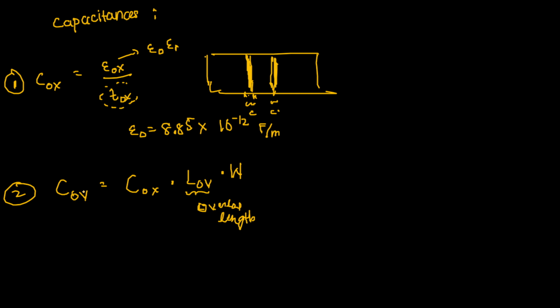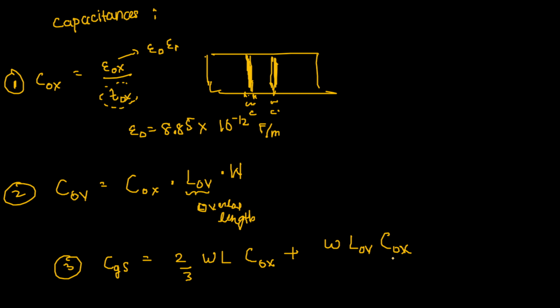Okay, so we have a relation between the overlap capacitance and the overlap length. Then we have a capacitance between gate and source, and this is given by 2/3 WL Cox plus W L_ov Cox. Here L_ov is the overlap length, and L is the length of the entire transistor.